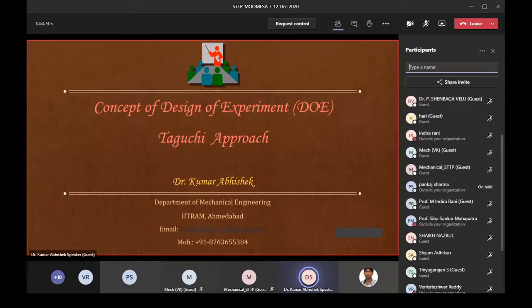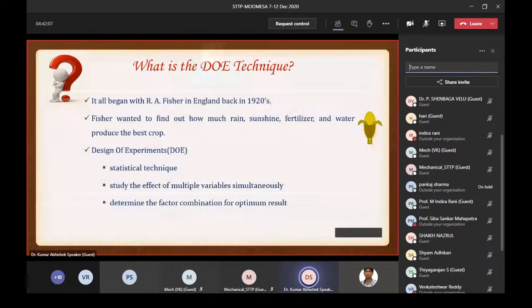Starting with the first lecture, in that all the DOE techniques were introduced by Fisher, and he wanted to find out how much rain, sunshine or fertilizer quantity is required to produce the best crop.